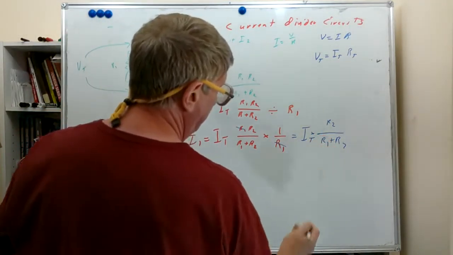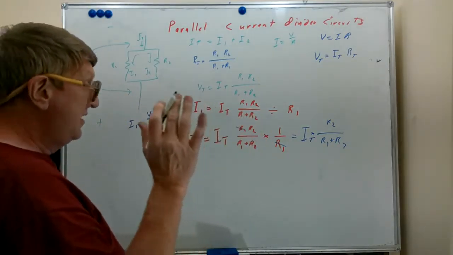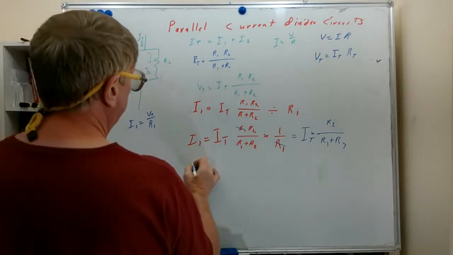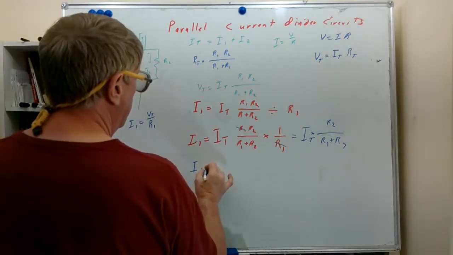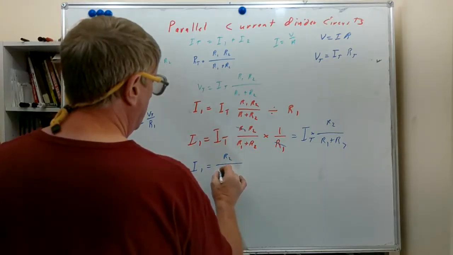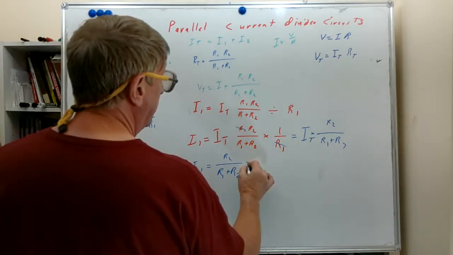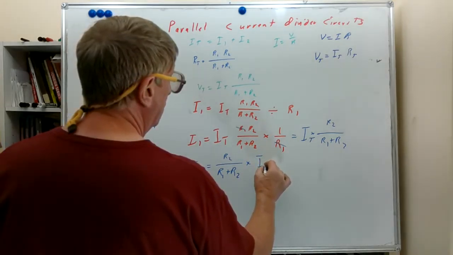Now I'm going to change the order of these. Multiplication is commutative, so it doesn't matter. So we come up with a formula like this: I1 equals R2 over R1 plus R2 times I total.